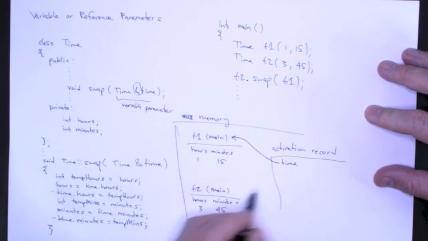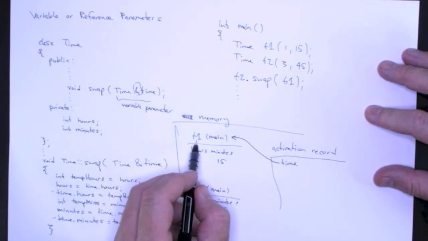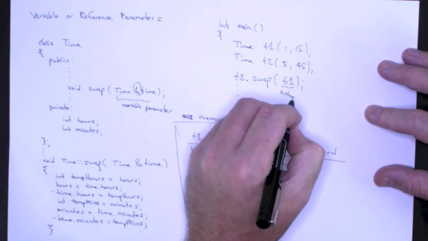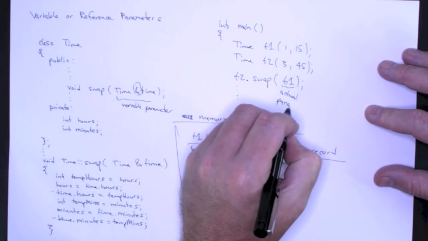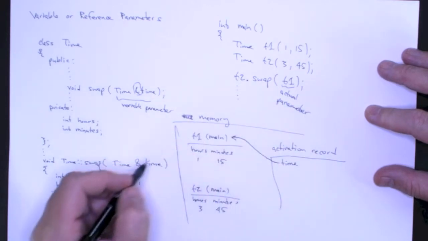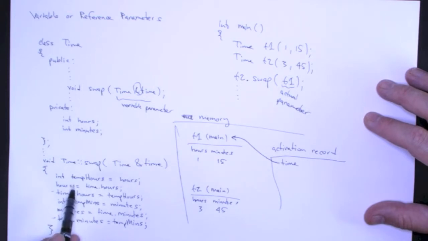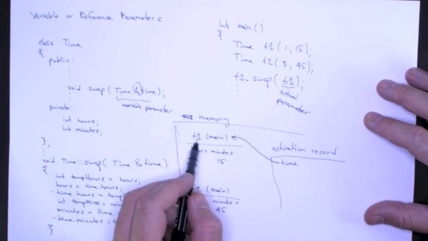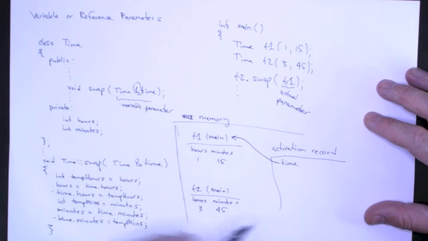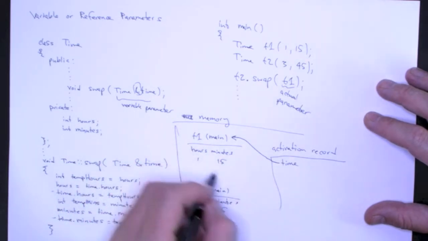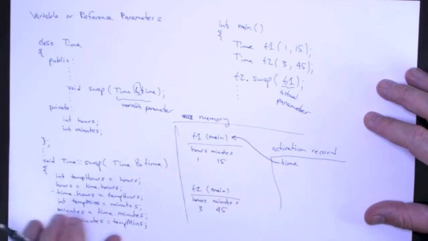So any changes that I make to time, I'm really making them to the object T1 because this was the actual parameter. Okay? So inside the swap method, time is just another name for T1. And maybe there's a better way of drawing this connection out, but this is really what's happening.